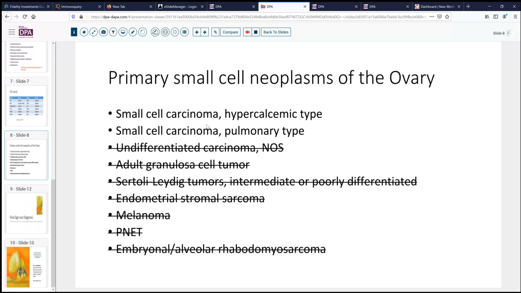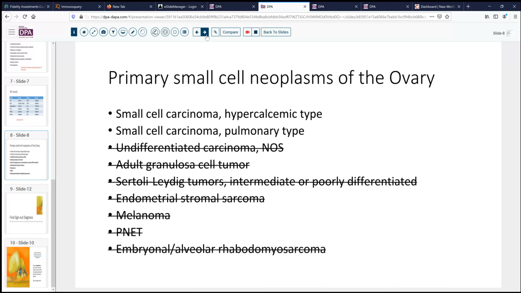The neuroendocrine features might be seen in the pulmonary type, but small cell carcinomas of hypercalcemic type can, in some instances, also have synaptophysin positivity. Usually expression of EMA, CK7, and WT1 would be fairly specific for this marker, and that was not done.